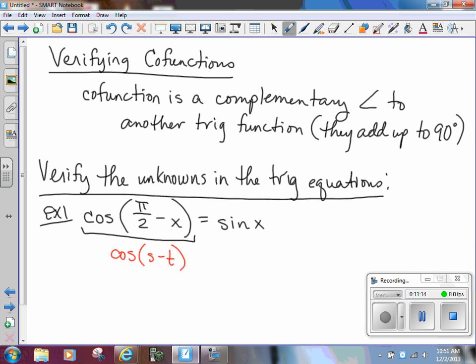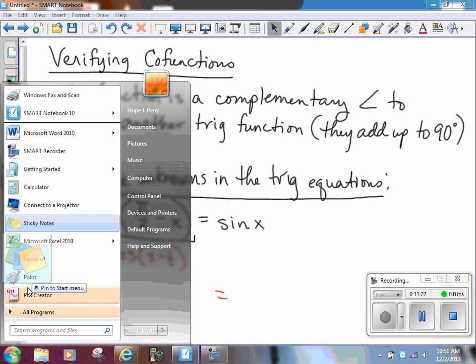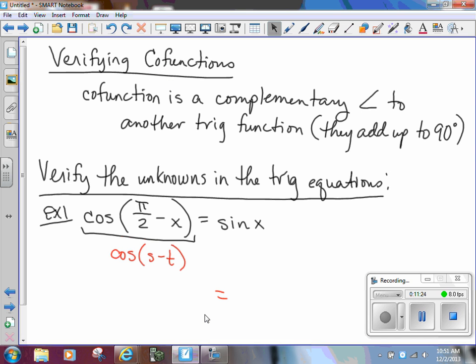What would that be, folks? Cosine of pi over 2, cosine of x. All I'm doing is using the formula.